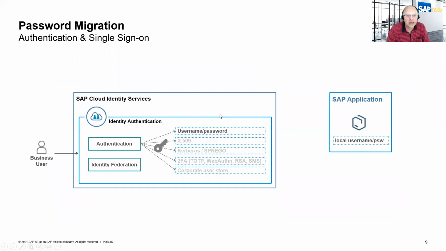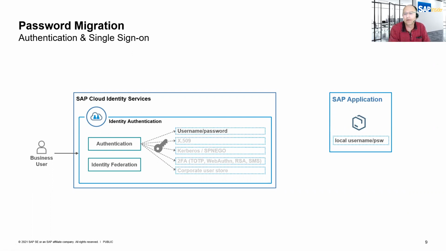Now, when we look at one critical topic. Some applications that we have at SAP do offer, as of today, basic authentication with a local user store. And this is something that, of course, from a strategic perspective, we want to get rid of.